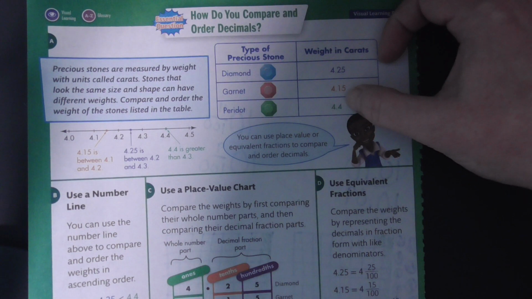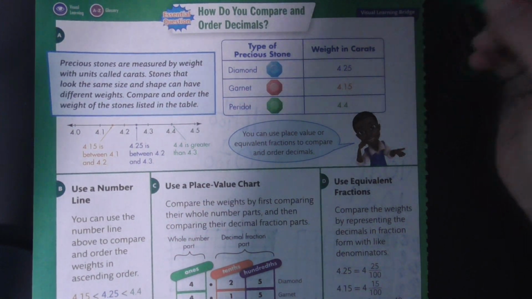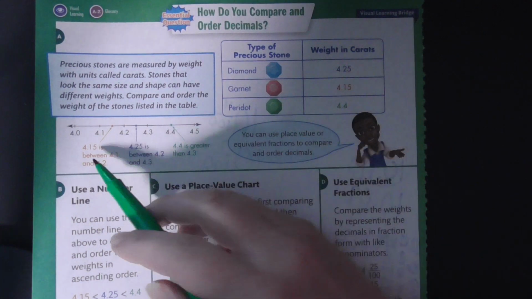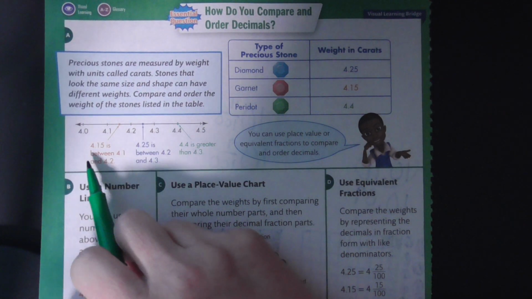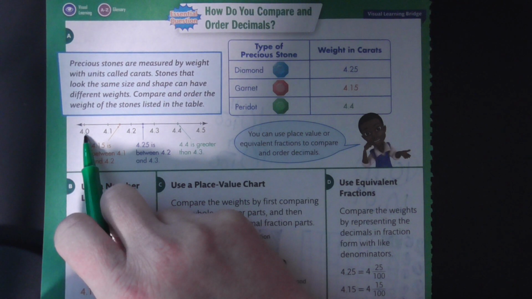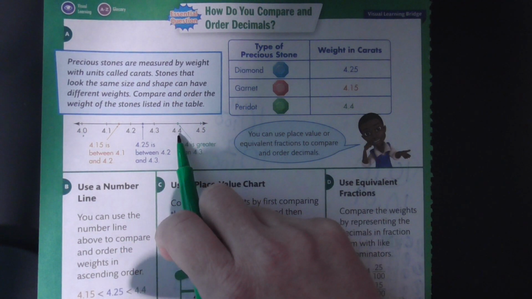I'm not sure how I would say that. Fourths. It's in the tenths place. And so let's see. Now we're putting them on our number line. So if this is 4.0 and this is 4.5, here's 4.4.